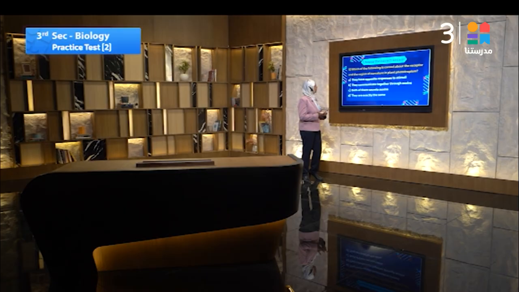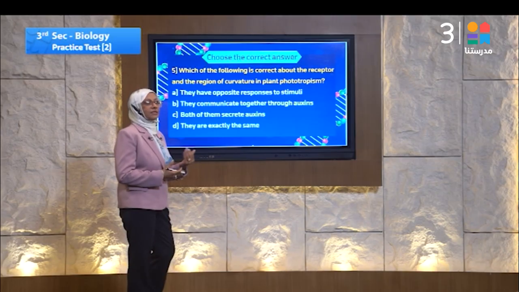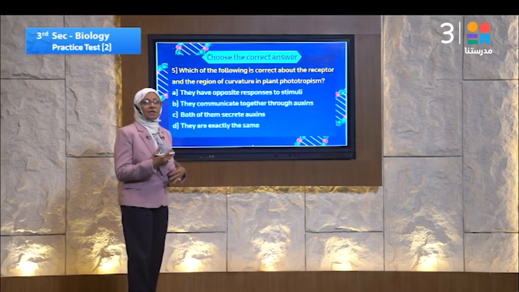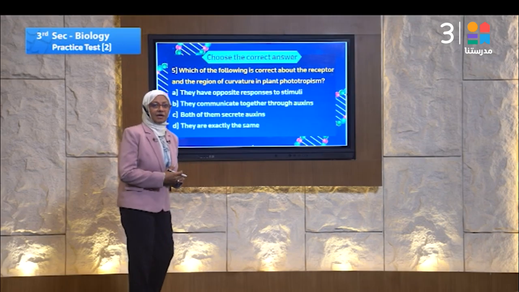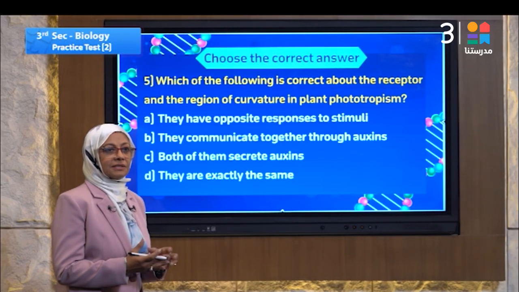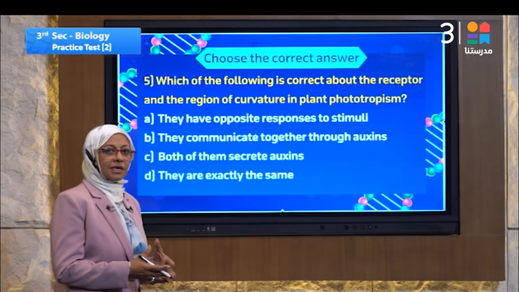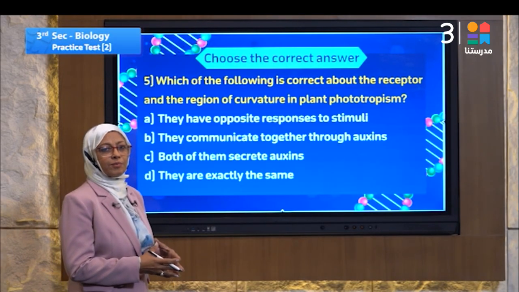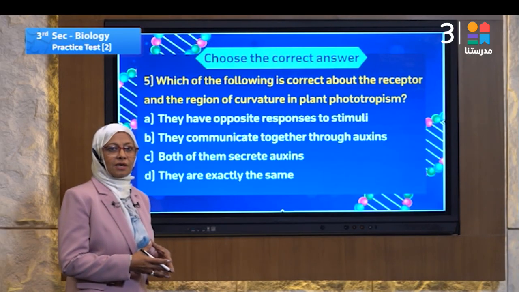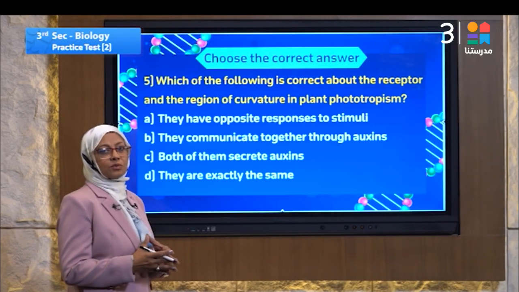Let's speak about plant phototropism again. Phototropism is when the plant is affected by the light, toward the light or away from the light. The green parts are positive, responding toward the light, and the other parts inside the soil are negative, responding away from the light.